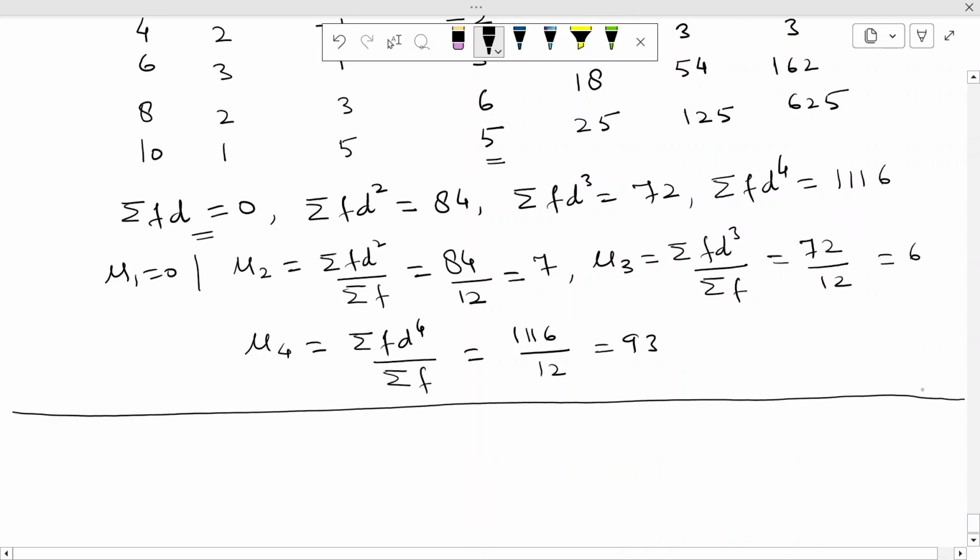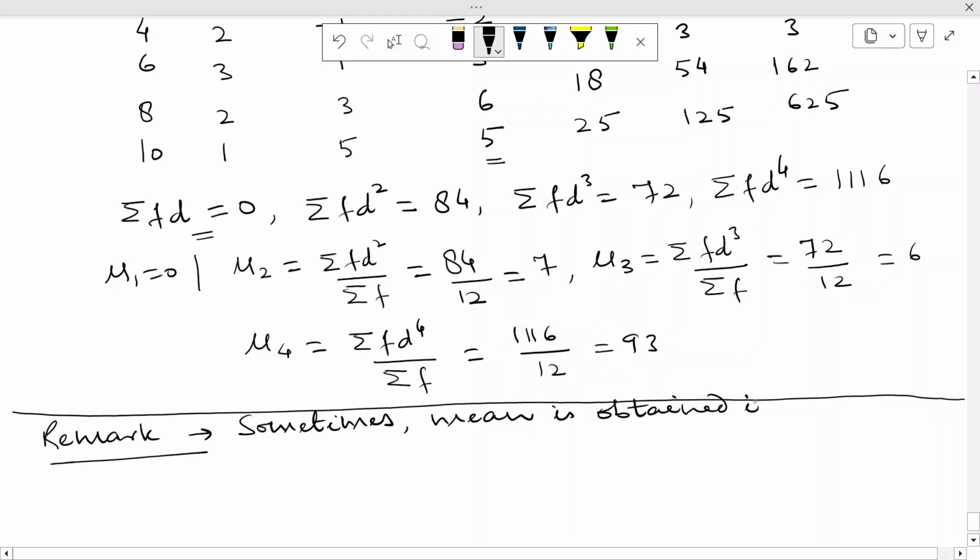Now why do we need the non-central moments? The sole reason is, here we have a remark, that sometimes the mean is obtained in decimals.